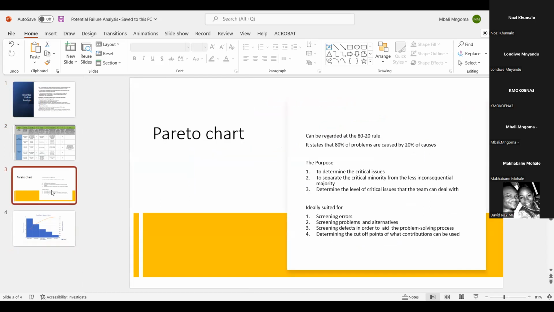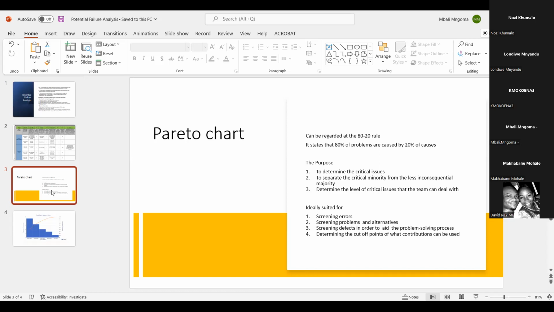The Pareto chart can be regarded as the 80-20 rule, which states that 80% of the problems are caused by 20% of the causes. So the purpose of it is to determine critical issues, to separate the critical minority from the less inconsequential majority. That goes back to the 80%.